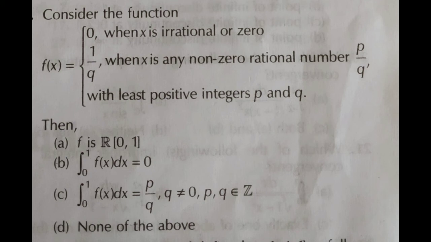Then option A, f is R integrable in [0, 1]. Option B, integration 0 to 1 f x dx equal to 0. Option C, integration 0 to 1 f x dx equal to p by q for q not equal to 0 and p, q belongs to Z. And option D, none of the above.